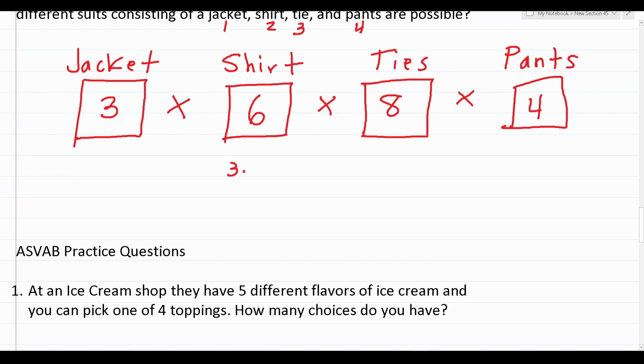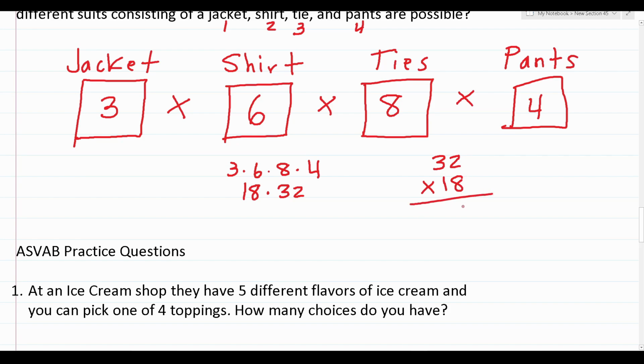This becomes 3 times 6 times 8 times 4. And I'm just going to do this. I'm going to do 3 times 6 is 18. And then 8 times 4 is 32, of course. And I'm going to work this off to the side so I don't make any mistakes here. We have 32 times 18.